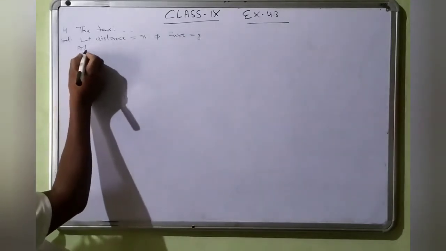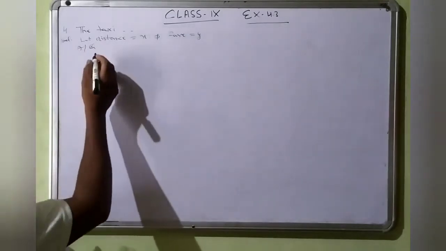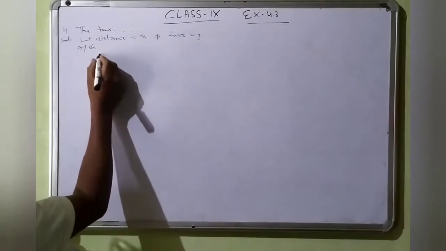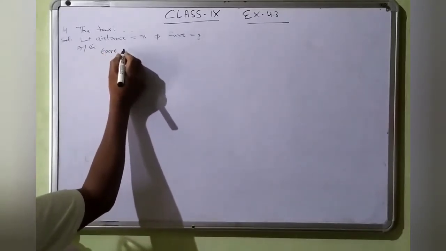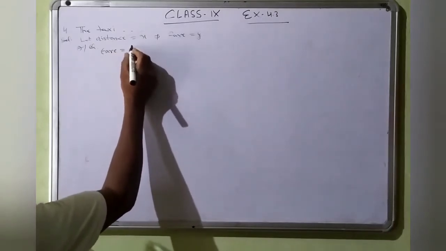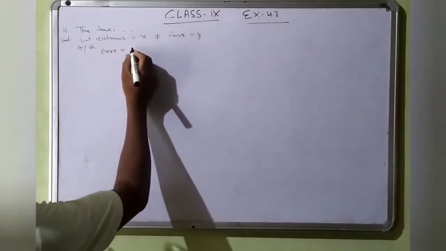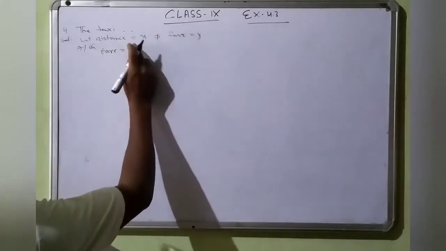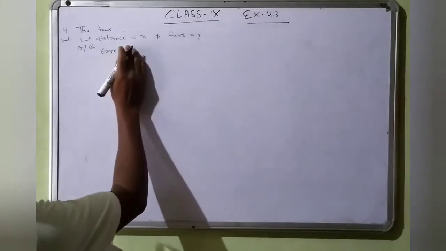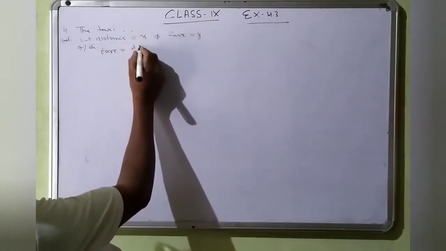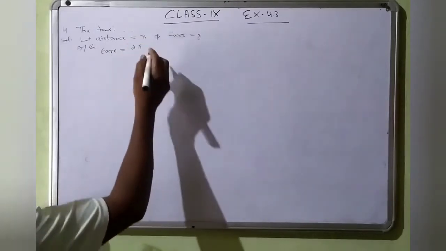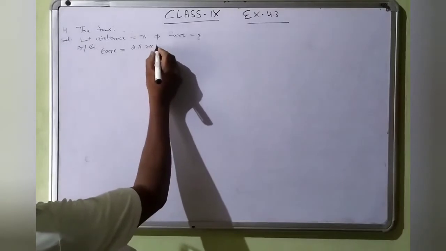So according to the question, fare is equal to distance multiplied by the charge per kilometer.